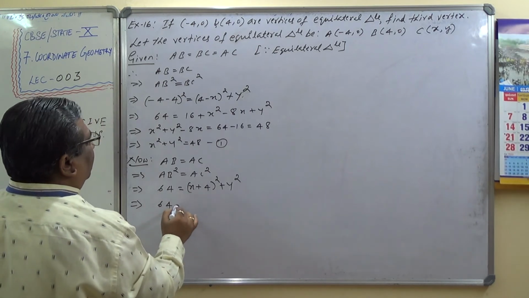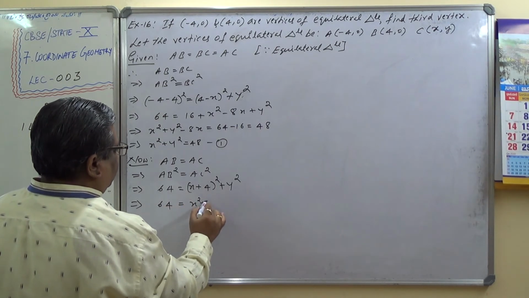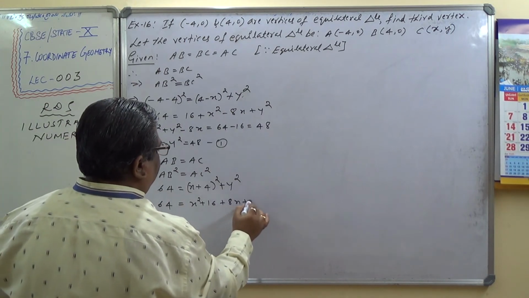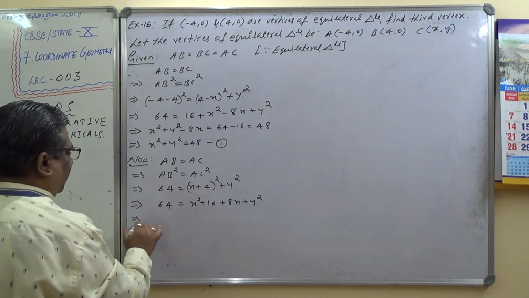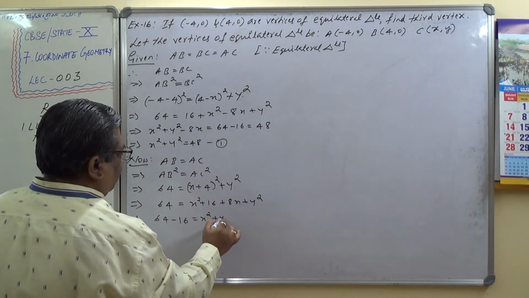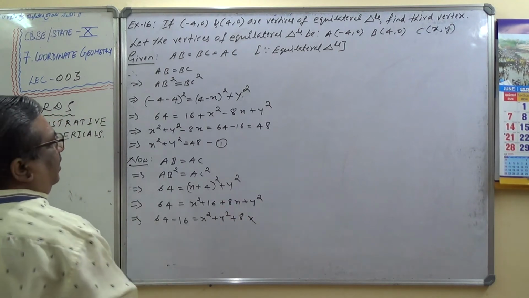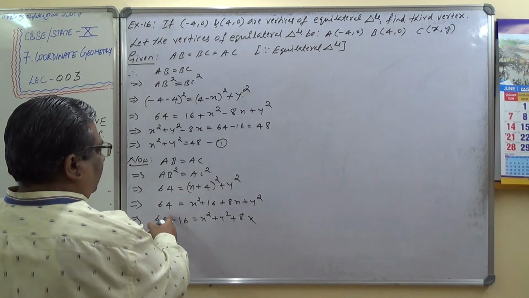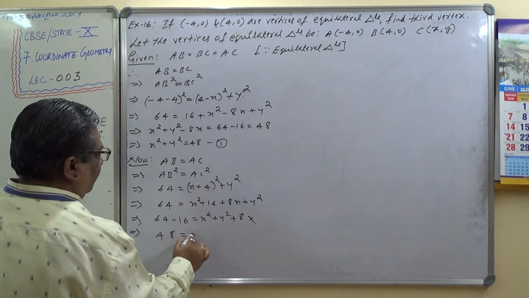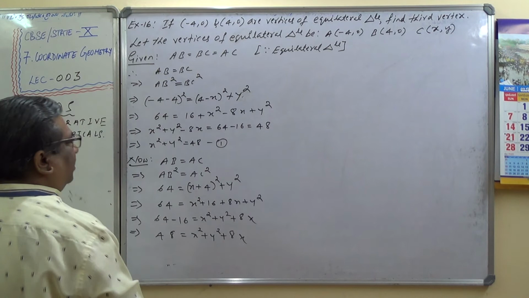Now simplify: 64 equals x square plus 16 plus 8x plus y square. 64 minus 16, x square plus y square plus 8x. 64, that is correct. 48 equals x square plus y square plus 8x.